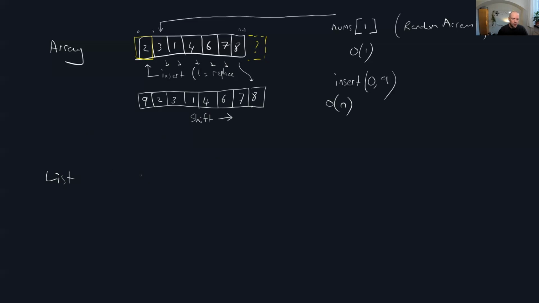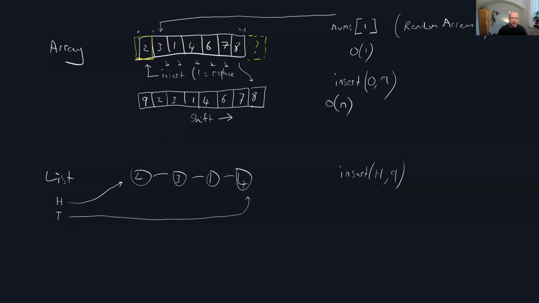A list, on the other hand, well, if we take a smaller part of this list, 1, 4, it doesn't really matter, that can keep going on. If we repeat the same operation, except we want to insert at the head, well, we already know this is just going to be super fast because we have our head and tail pointers already, and we can take advantage of them and then simply say, well, okay, this doesn't need to go here anymore.